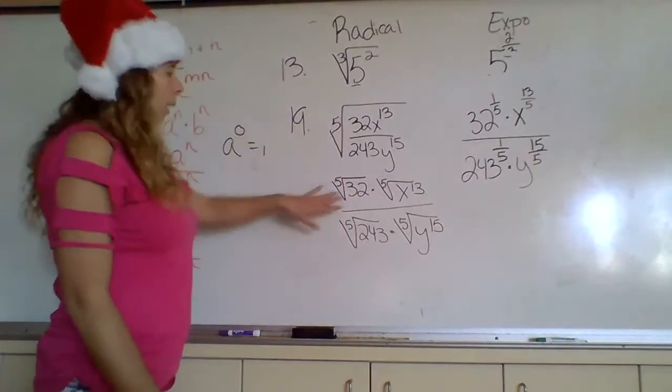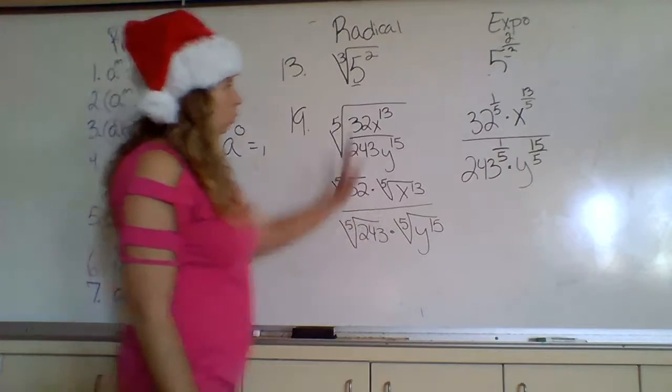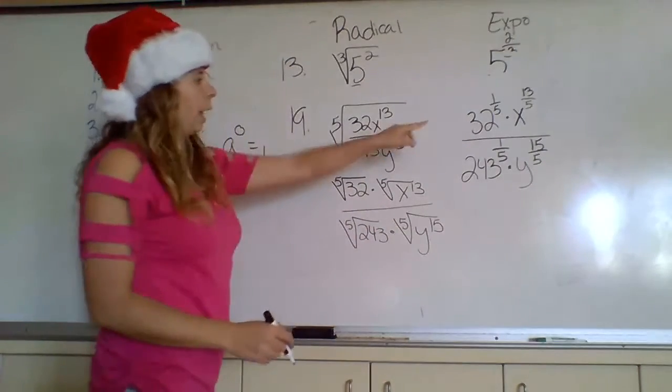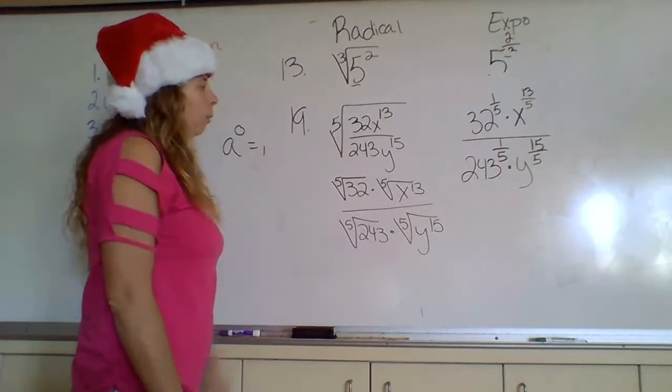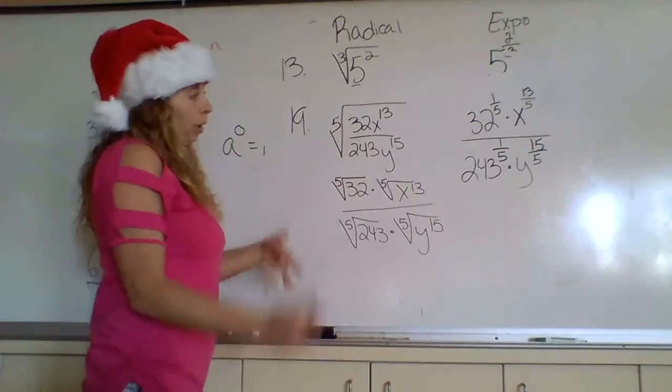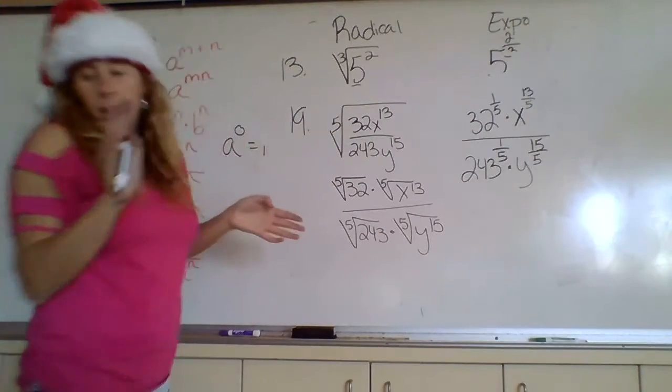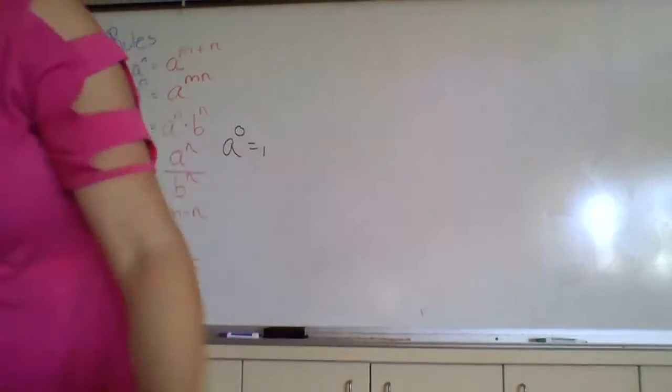Okay, if you want to rewrite it this way first and then switch it over to that, you can do that. You don't have to, but you can. It's all you.